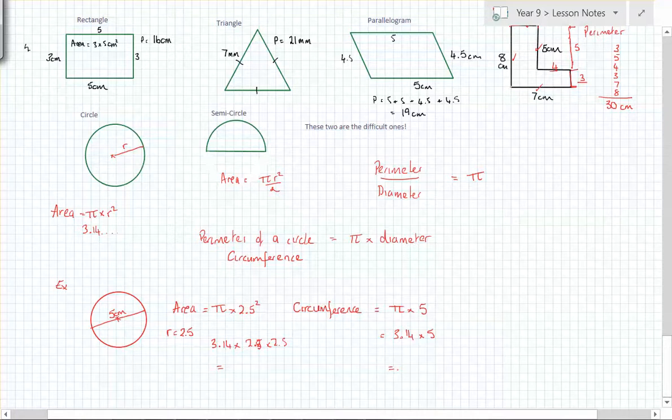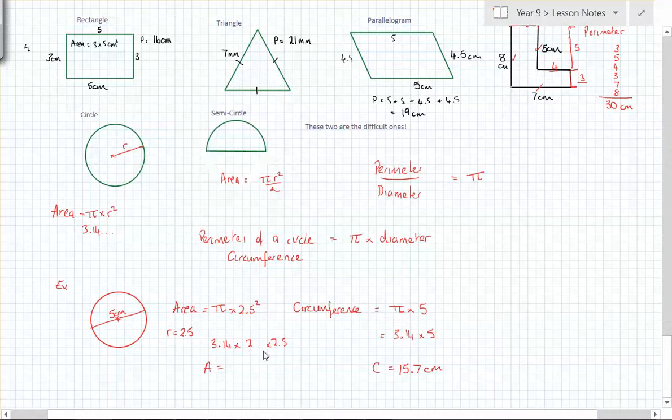What do you get? 15.7. For which one, the area or the circumference? 3.14 times 5. Okay, so the circumference we think is 15.7 centimetres. What do you think the area is? How would you find the area? 3.14 times 2.5 squared.